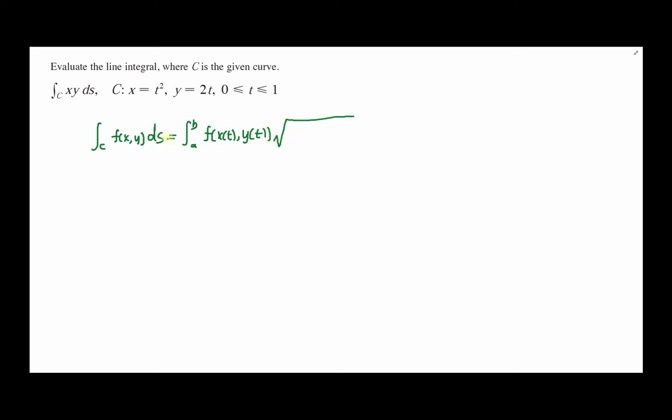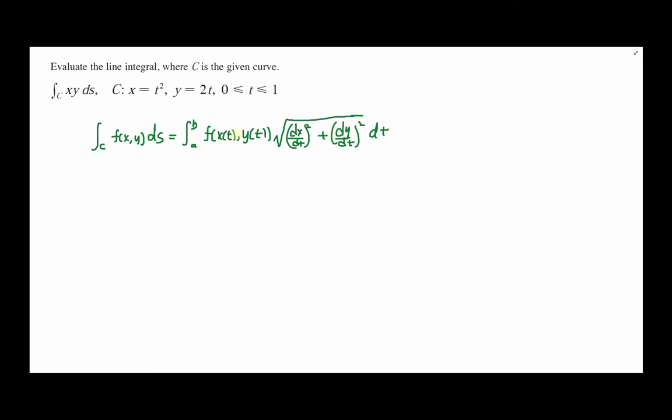That ds is the arc length formula that you learned from Calculus 2 or from high school Calculus BC AP. So I'm going to restate that, like that. Okay, now we have the formula.